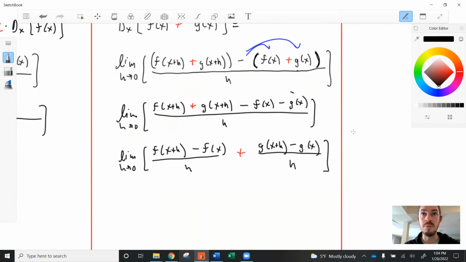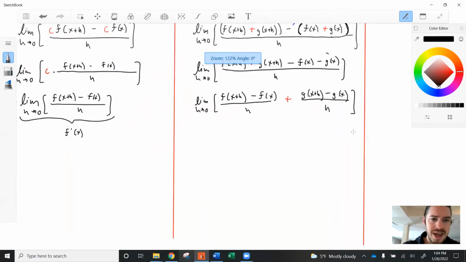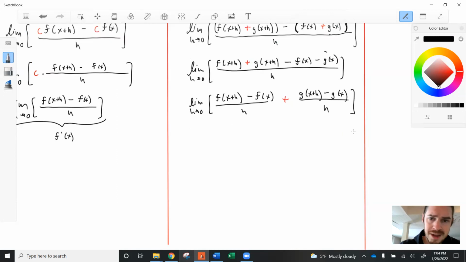That was the sum rule for limits. So we're leaning on what we already learned. If you split this over the limit, you get that, and split it here and put another limit here. And this is f prime of x, and this is g prime of x.